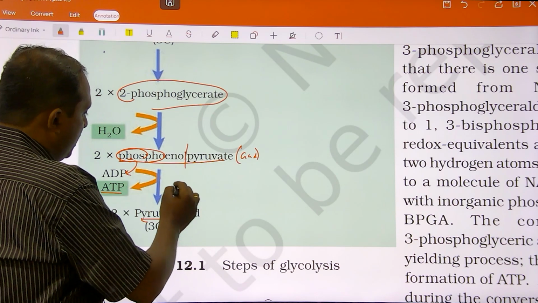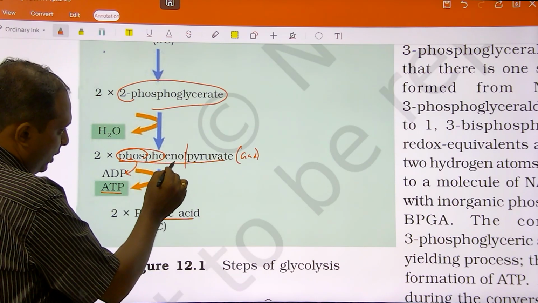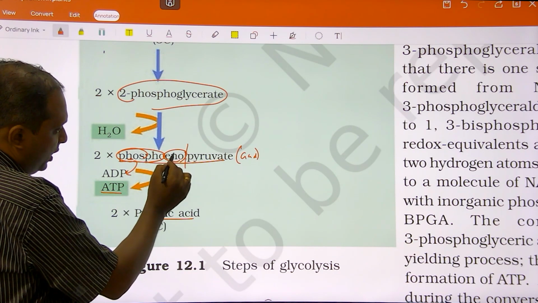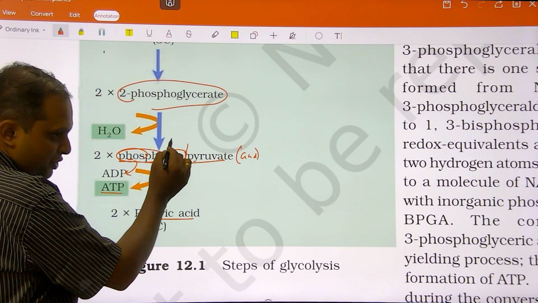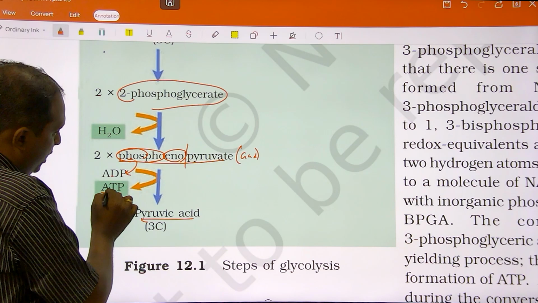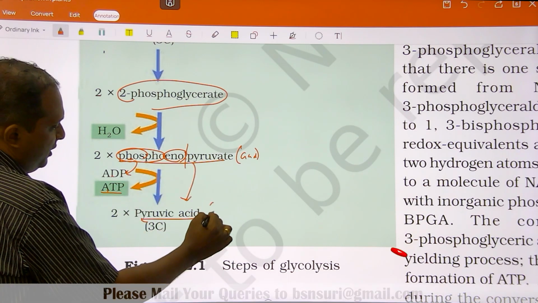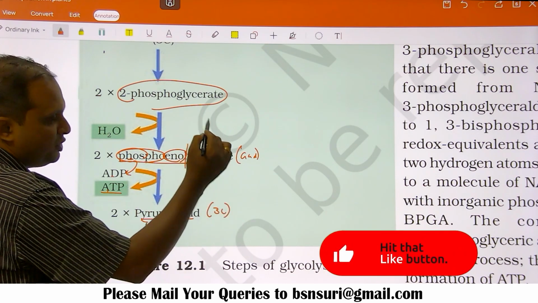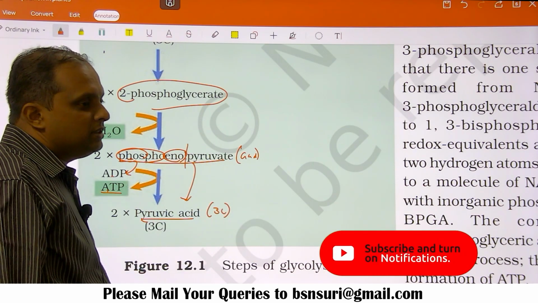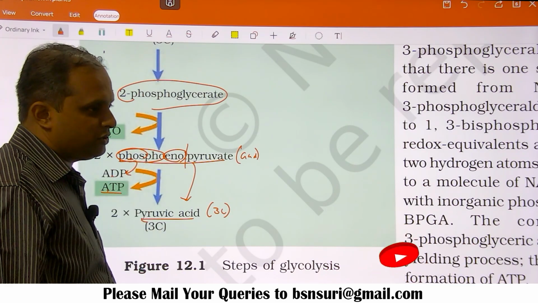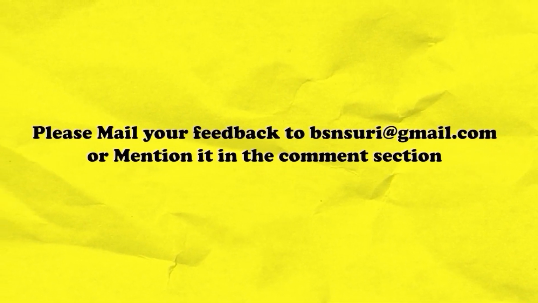Clear இருக்கா? அப்போ என்ன ஆகும்? இங்க உள்ள அந்த phospho enol could be a linkage, right? Enol is the bond or linkage which gets broken. Phospho joins with ADP becomes ATP and this pyruvate becomes pyruvic acid, which is the final product of which one? Glycolysis happening from glucose. Clear இருக்கா? The steps of glycolysis.